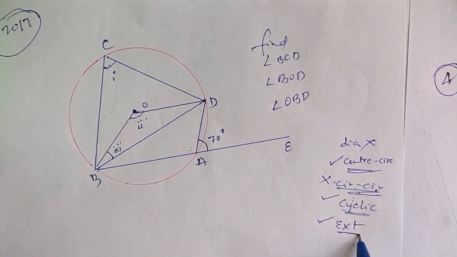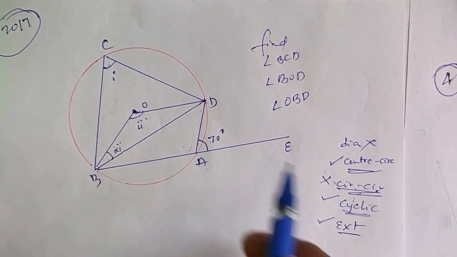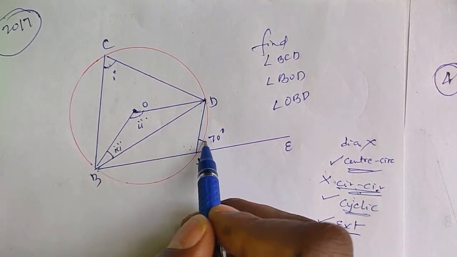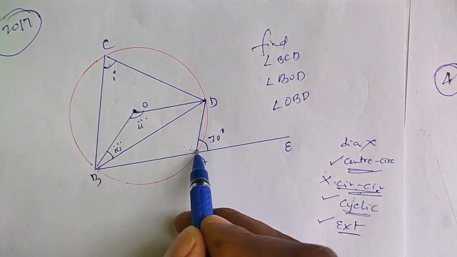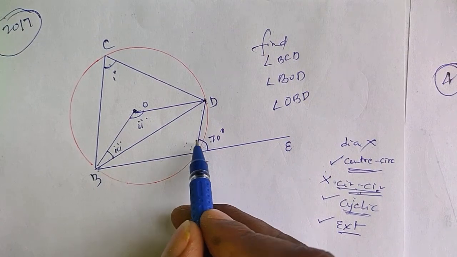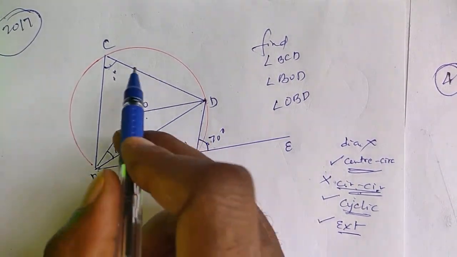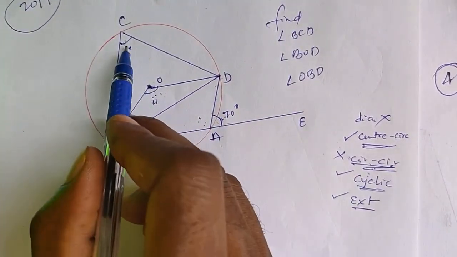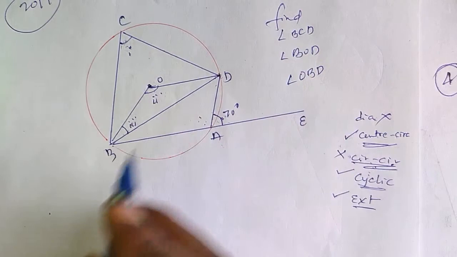First we go to exterior angle, because exterior angle is given, so I'll use it. What is the exterior angle theorem? It says that the exterior angle will be equal to the interior opposite angle. That means A is having interior and exterior. This is interior, this is exterior. A exterior will be equal to C interior. Therefore, first answer I got. What is the first answer? BCD.